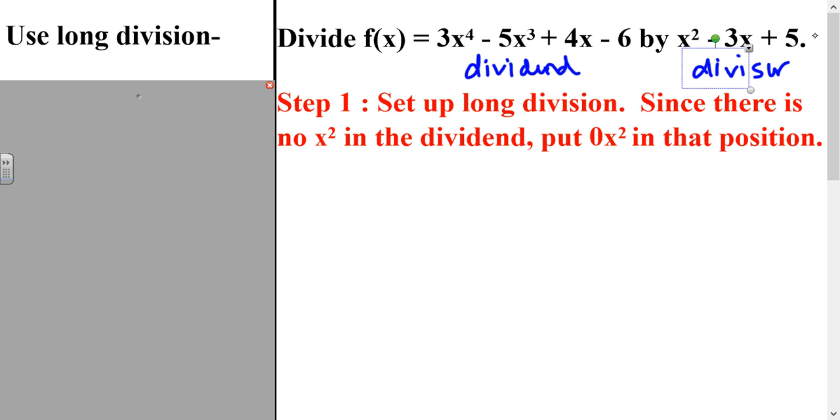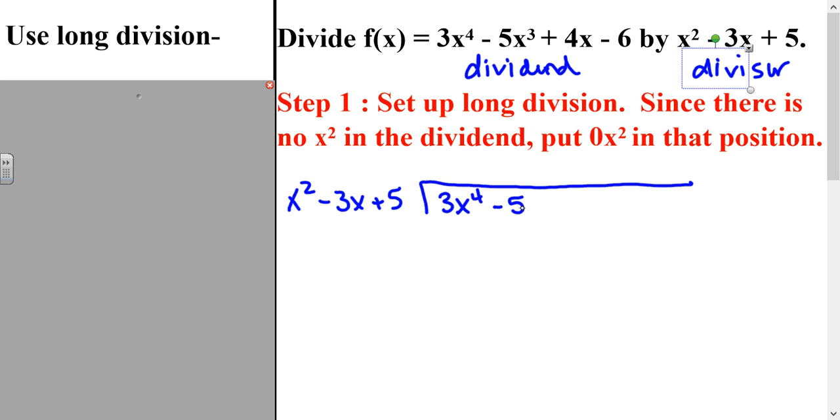So the number that we're dividing by, the divisor, goes on the outside. So we have x squared minus 3x plus 5 on the outside. And then on the inside, we have 3x to the fourth minus 5x cubed. And then we have to put in a 0x squared as a placeholder because we skipped x squared.